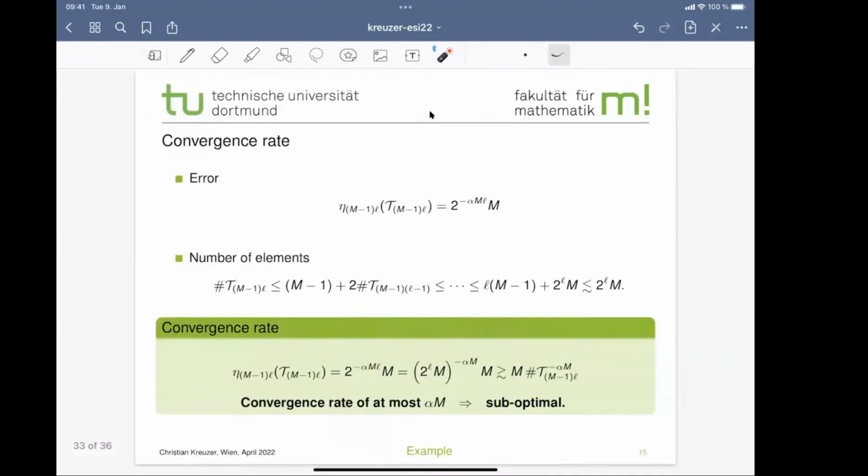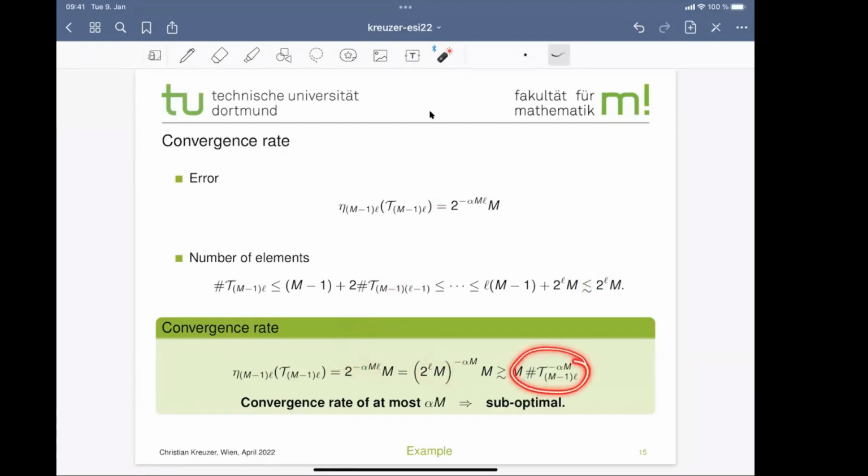Now, if we have a look at the convergence rate, you can simply put this in here, and then you can take this power minus alpha m out, and you see that's exactly an upper bound for the number of elements here.